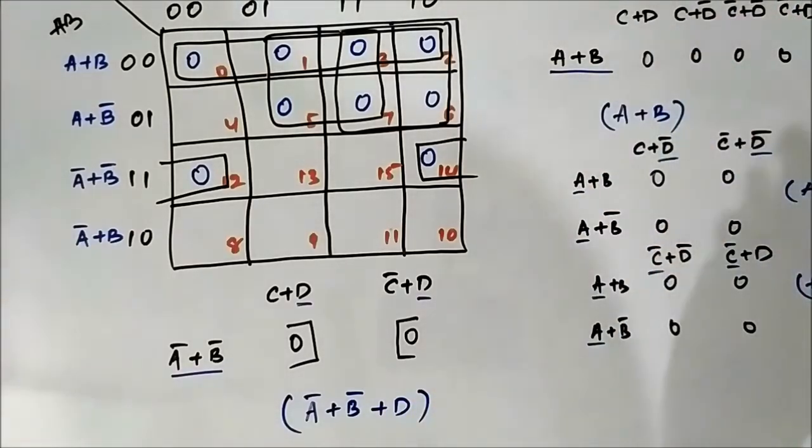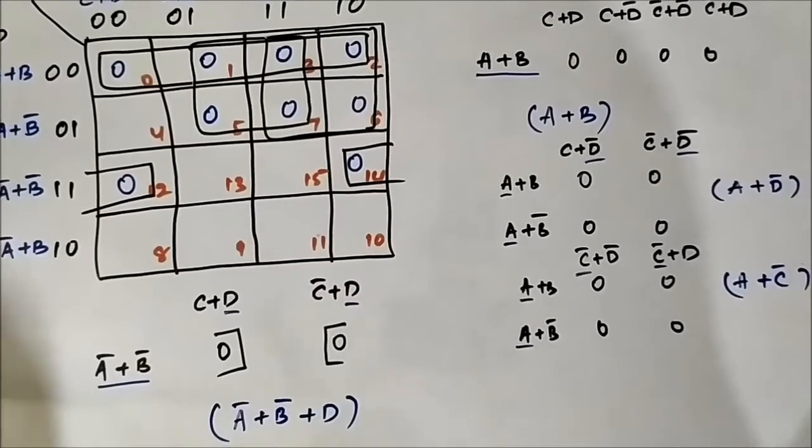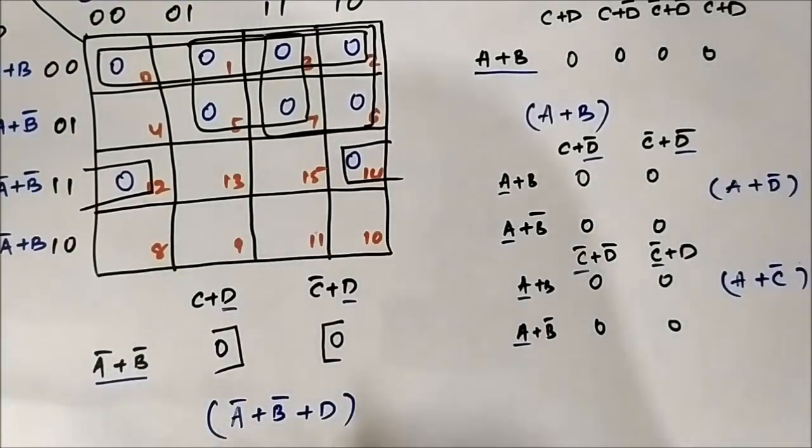So we have these common sets of variables here. Now we have to just write them in this simplified format, combining them.